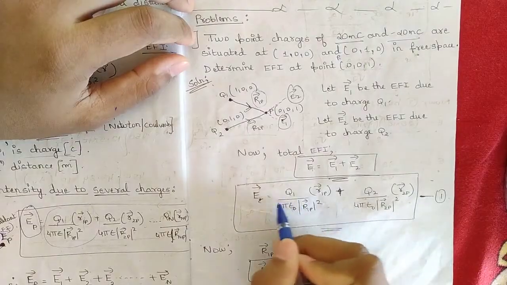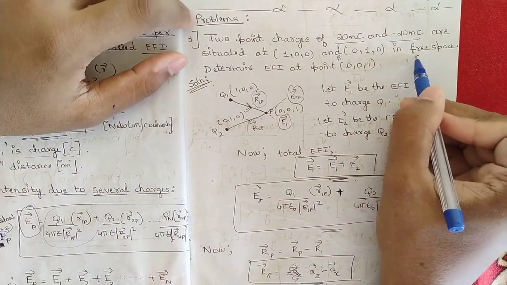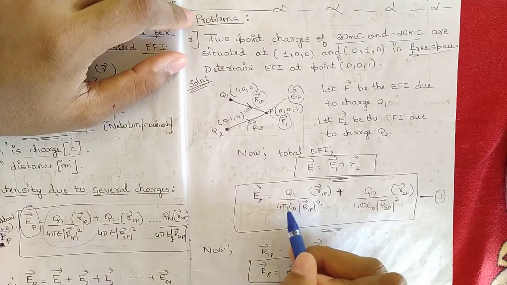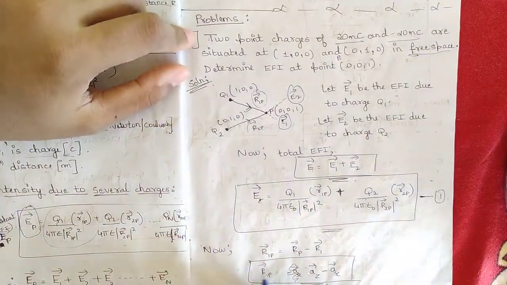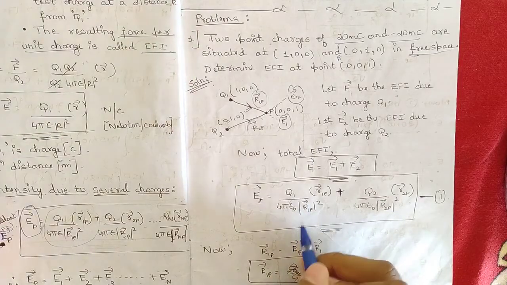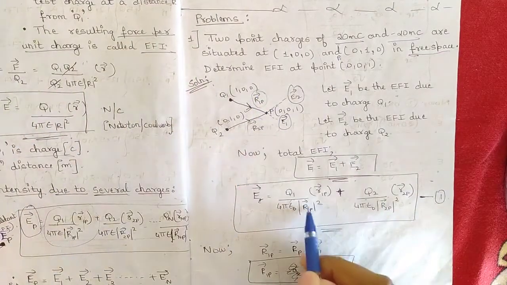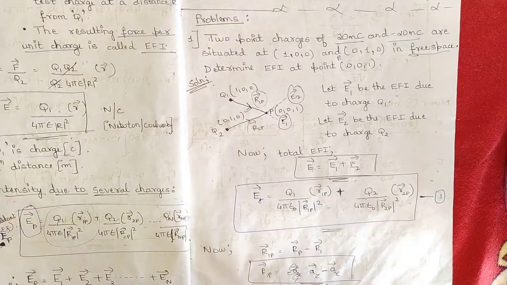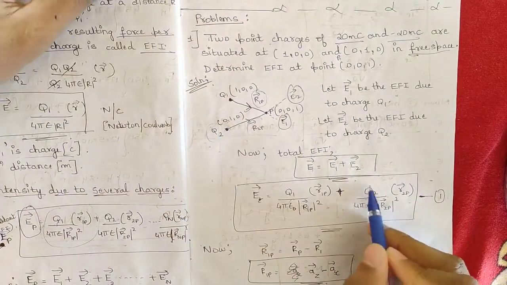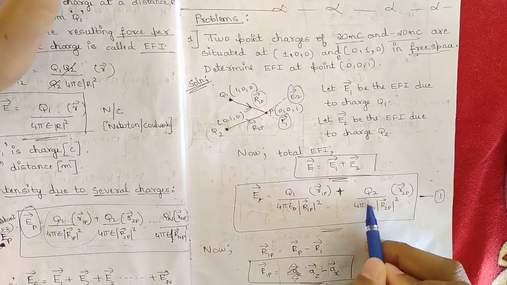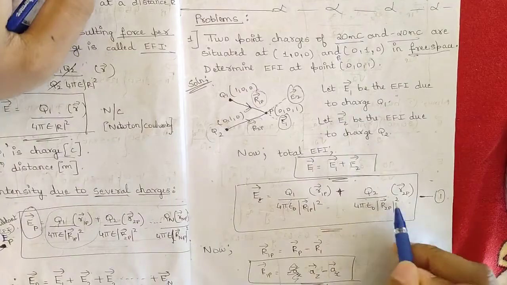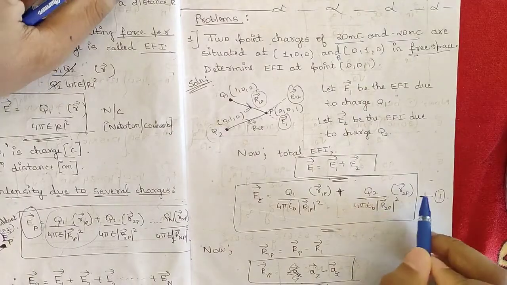Since it is mentioned as free space, epsilon is equal to epsilon naught. So Q1 divided by 4 pi epsilon naught into magnitude of R1P the whole square into unit vector R1P, plus the electric field intensity due to charge Q2, that is Q2 divided by 4 pi epsilon naught again into magnitude of R2P the whole square into unit vector R2P.